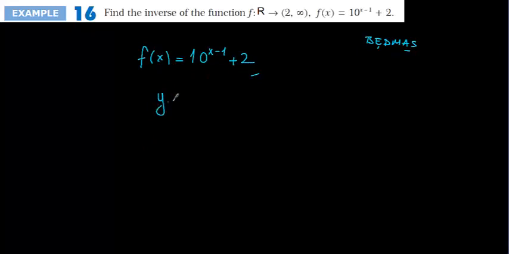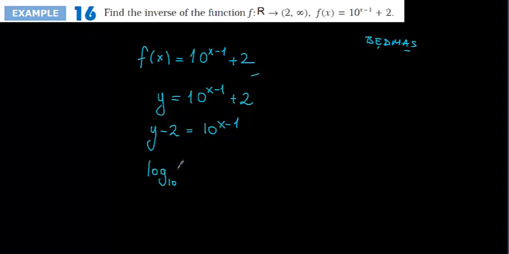So I'm going to do it like this: y is equal to 10 to the power of x minus 1, plus 2. Then this plus 2 goes to the other side: y minus 2 is equal to 10 to the power of x minus 1. Then, because x minus 1 is one term here, that 10 should go to the other side, and since it is the exponential base, on the other side it becomes the logarithmic base.